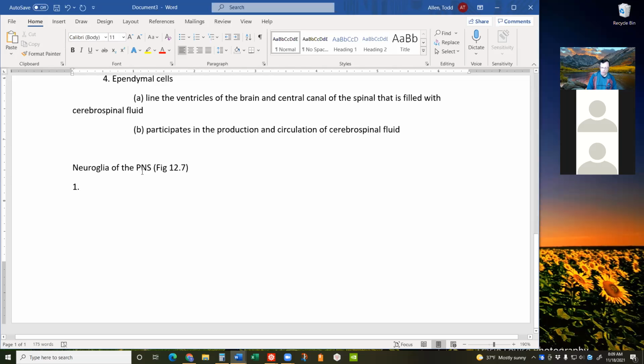So the first category, and probably the most prominent category, is the famous Schwann cell. Schwann cell, S-C-H-W-A-N-N. Schwann cells form the myelin sheath within the peripheral nervous system. So Schwann cells are analogous to the oligodendrocytes of the central nervous system.